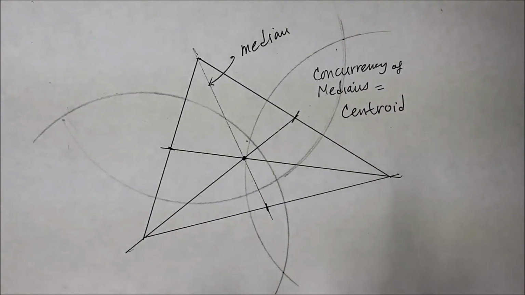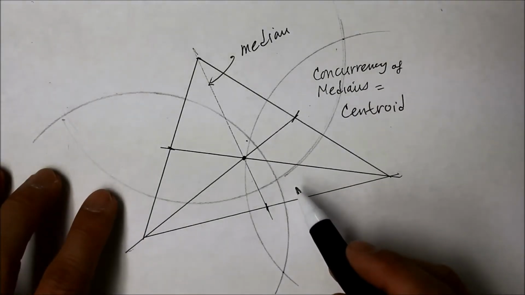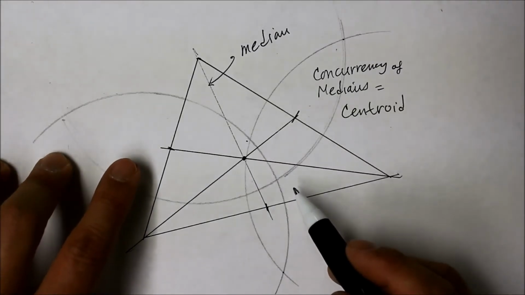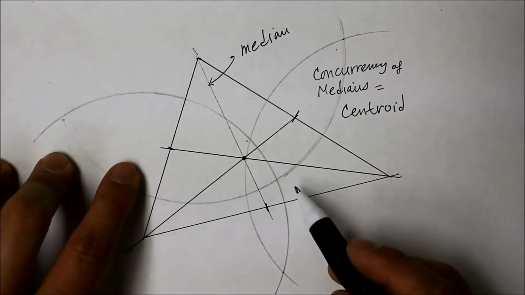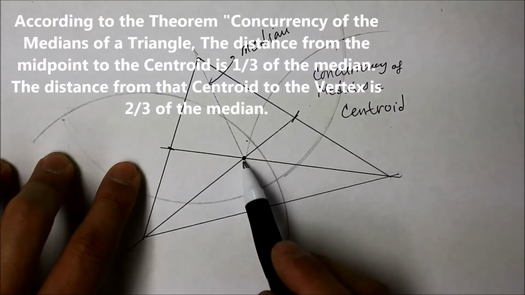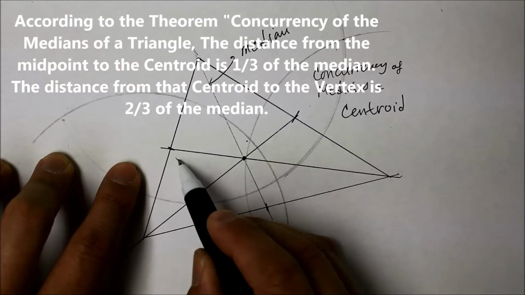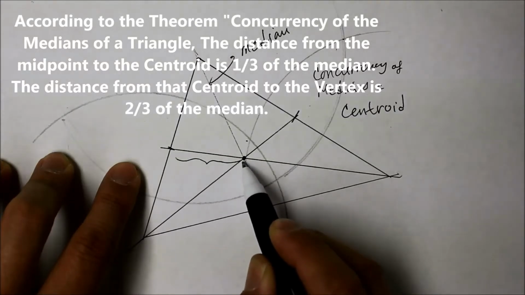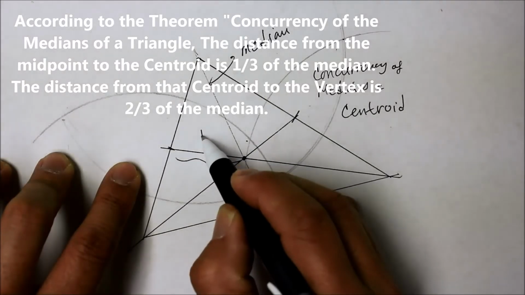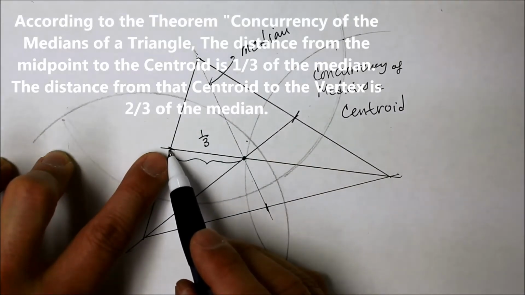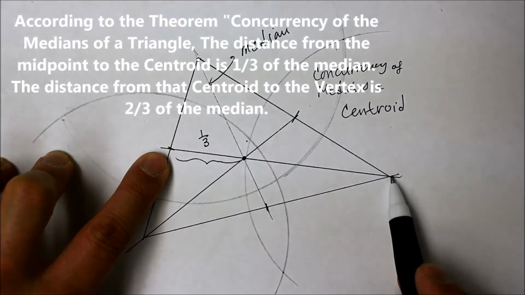All right, now here is what you need to keep in mind, which is going to be very, very crucial for the next upcoming concepts, talking about circumscribing and inscribing a circle and triangle: the distance from the midpoint to the centroid is 1/3 of the entire distance from the midpoint to the vertex.